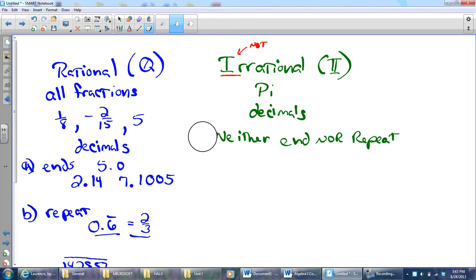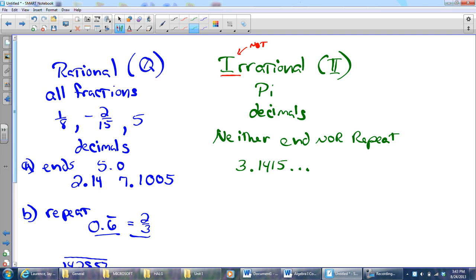Okay, so if I'm an irrational number, I go on forever and ever, and there is no pattern to my continuing. It doesn't mean the same digit doesn't show up more than once. It means there's no pattern to it.